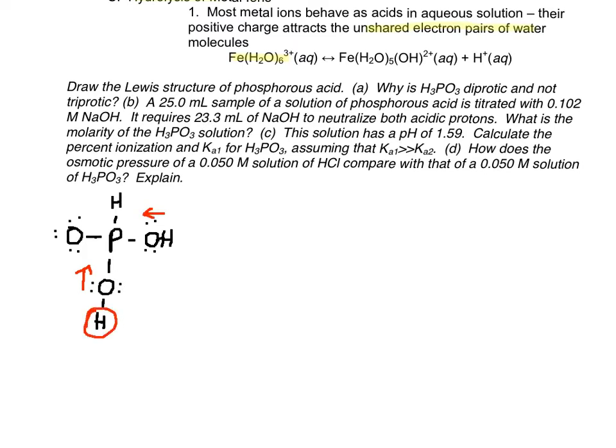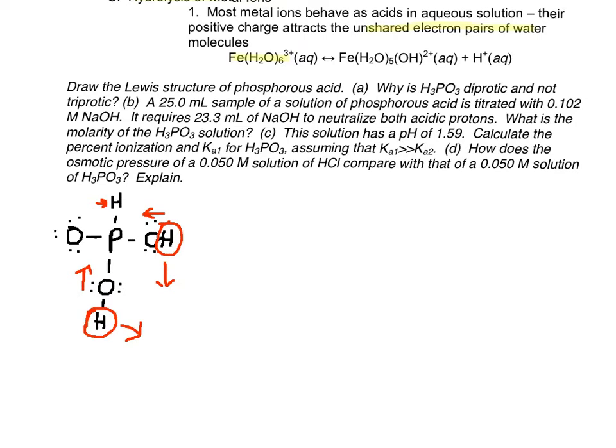These are your acidic hydrogens. These are the hydrogens that can be easily removed. This hydrogen here is not acidic because it is not attached to a very electronegative atom, so it is not easy to remove that hydrogen. So this makes this acid diprotic instead of triprotic.